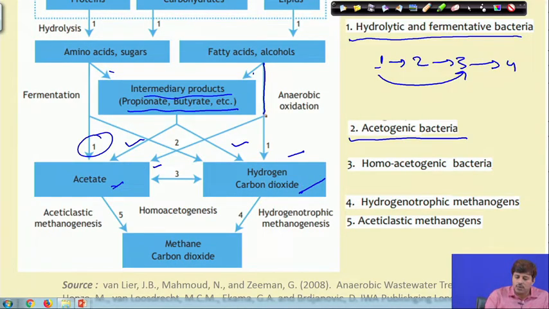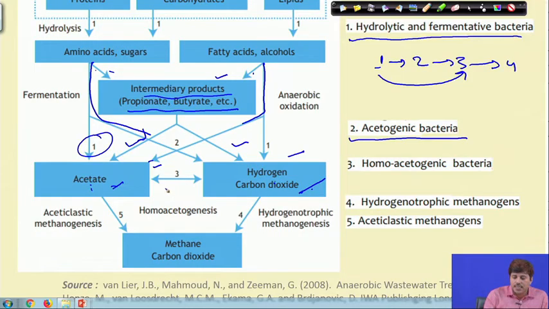Through the acetogenic bacteria, this can be converted to acetate. These directly could also be converted to acetate by the action of hydrolysis. Similarly, amino acids and sugars can be converted to intermediate byproducts through the acidogenesis process, and then acetogenesis can convert these to either acetate or hydrogen and carbon dioxide, or these could directly be converted to either acetate or hydrogen and carbon dioxide through the action of acetogenic bacteria.